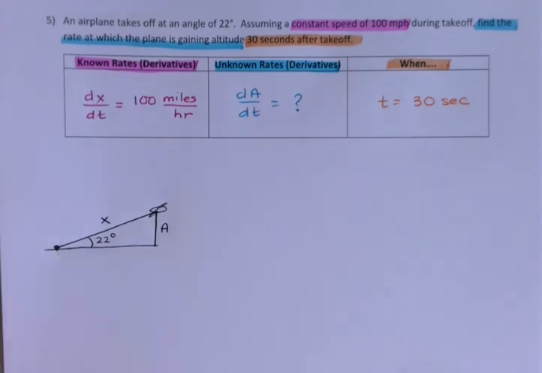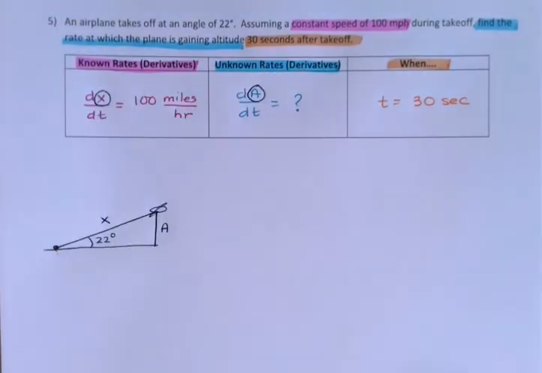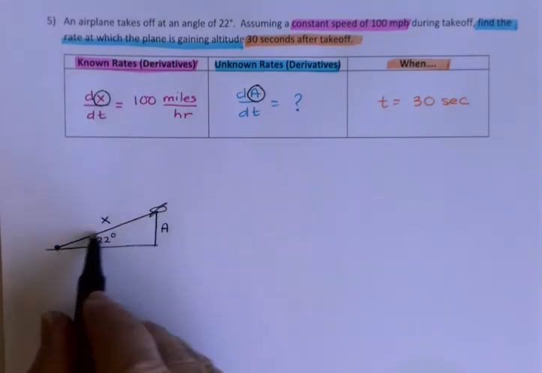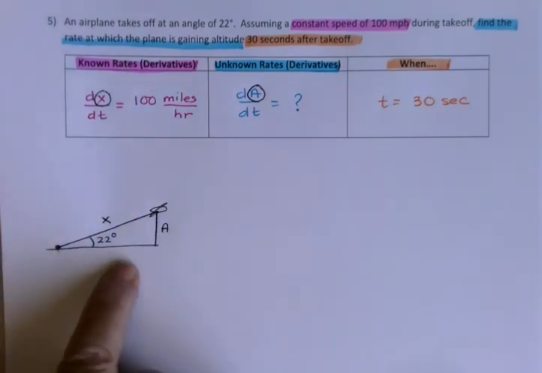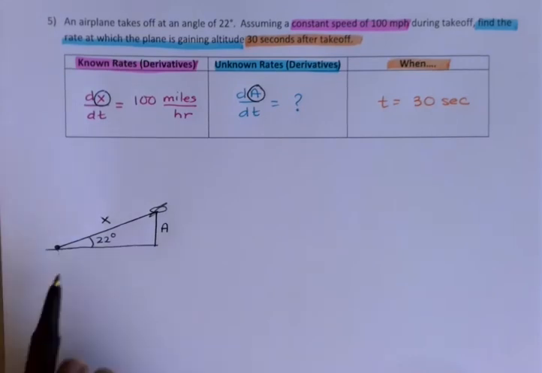All right, I need a relationship between x and A. And once again, although I could write a Pythagorean theorem, the problem is that would get another variable involved, right? I would have to include the variable for this horizontal piece, and I really don't want that. So instead, I'm going to go with the trig function.